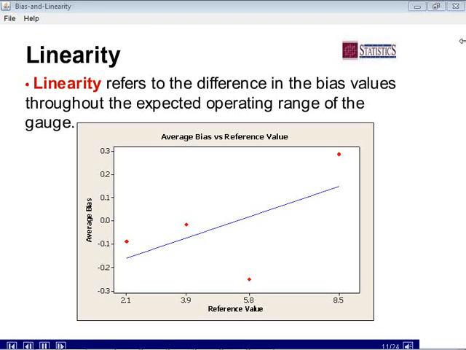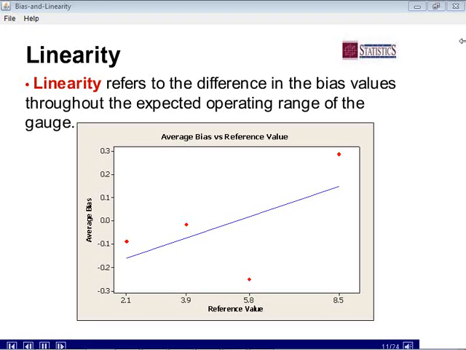This is something that I think is very important. It looks like I've got 4 parts with 4 different reference values, which is true. The points plotted there are the average bias calculated for each one of those, each part measured several times across all of these reference values.